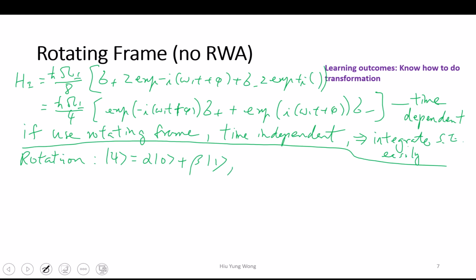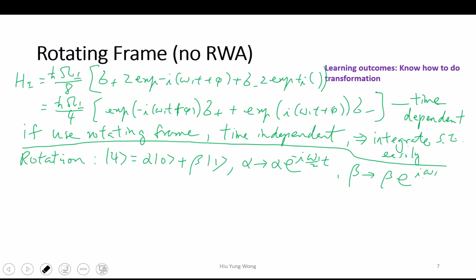In the rotation, we know that alpha becomes alpha times e to the power negative i omega 1 t divided by 2. That is how you do the rotation on the Bloch sphere. Okay? And beta becomes beta e to the power negative i omega 1, plus, right?